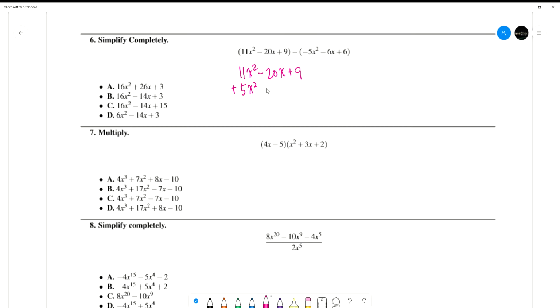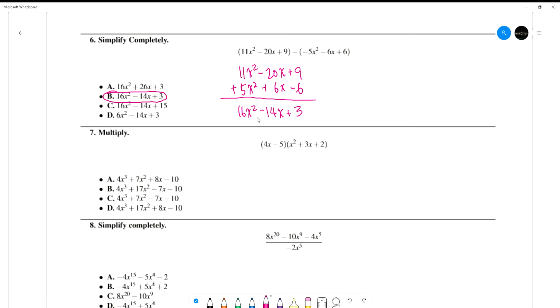We get plus 6x and minus 6. And we can add vertically. So 11x squared plus 5x squared is 16x squared. Negative 20x plus 6x is minus 14x. And 9 minus 6 is positive 3. So I can see that the second answer choice, B, is the correct answer.